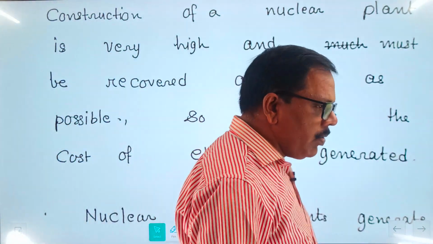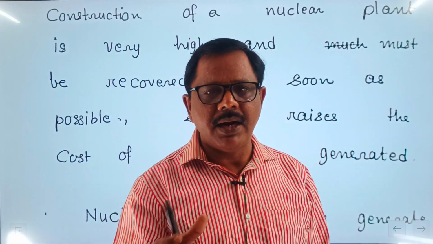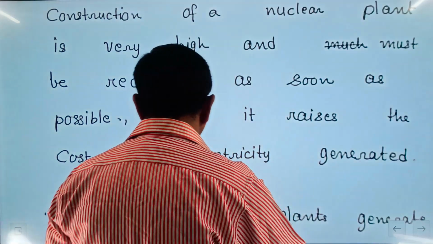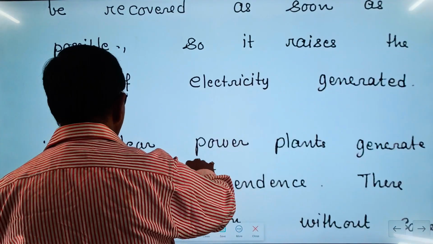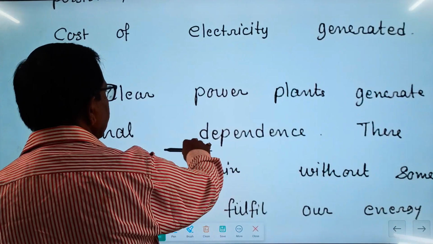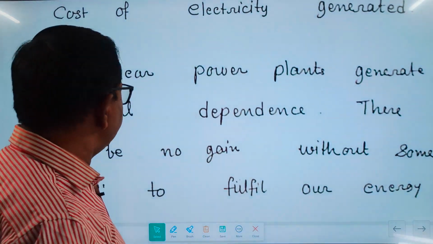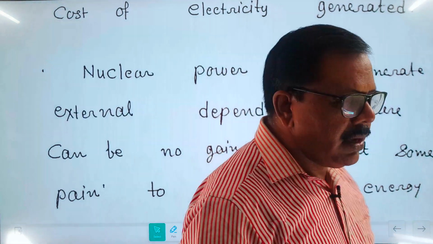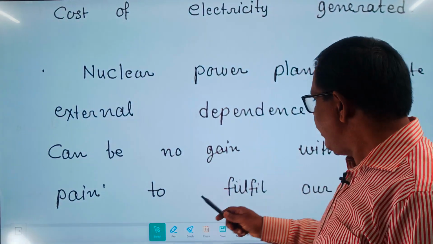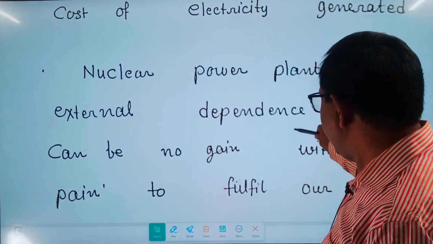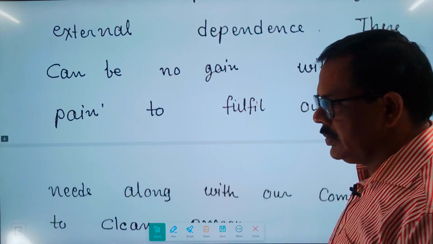So what are we doing now? We are writing as per the demand of the question. Later you write, nuclear power plants generate external dependence, and there can be no gain without some pain to fulfill our energy needs.